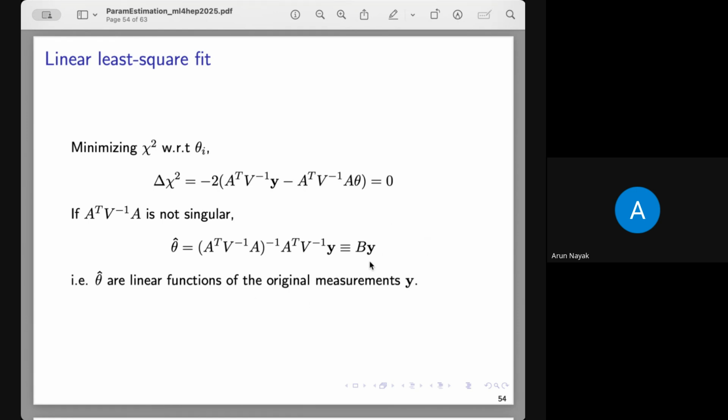So when you do this, we have discussed earlier that if we can write it in this form, and if we have a covariance matrix for y, we can also get the covariance matrix for theta.